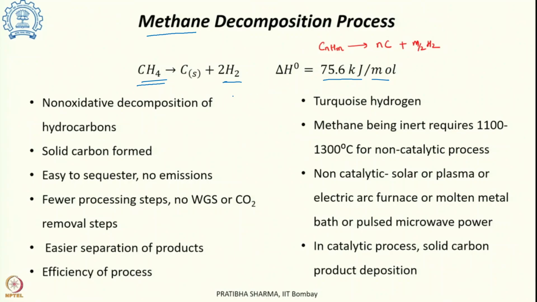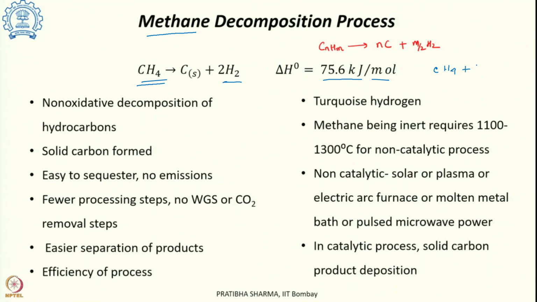What are the main advantages and disadvantages of this process? Earlier we have seen the water gas shift and steam methane reforming process. What was the steam methane reforming process?